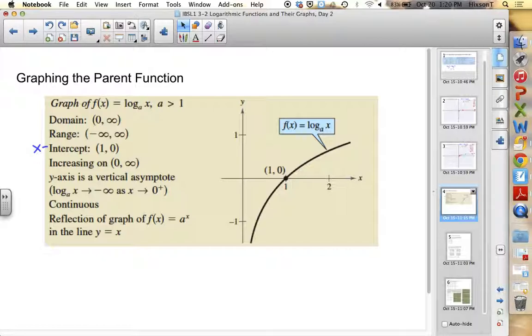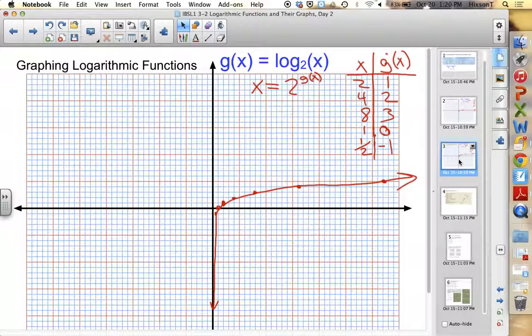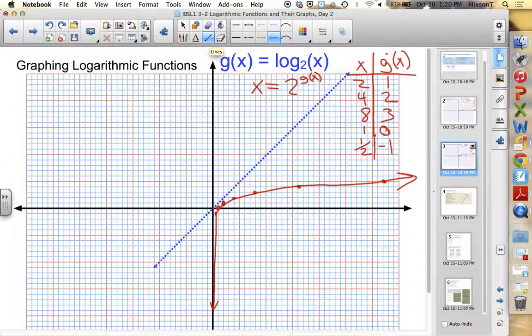We got the inverse, and because we had that one-to-one property, we know it's an inverse function. So guys, let's take a step back for a moment to this one. Here's that line y equals x. It went through the origin.